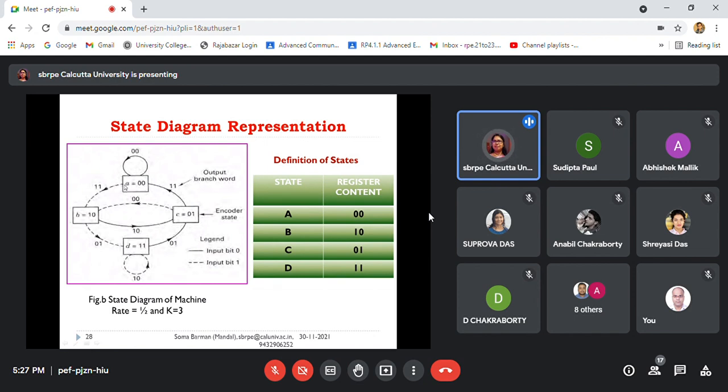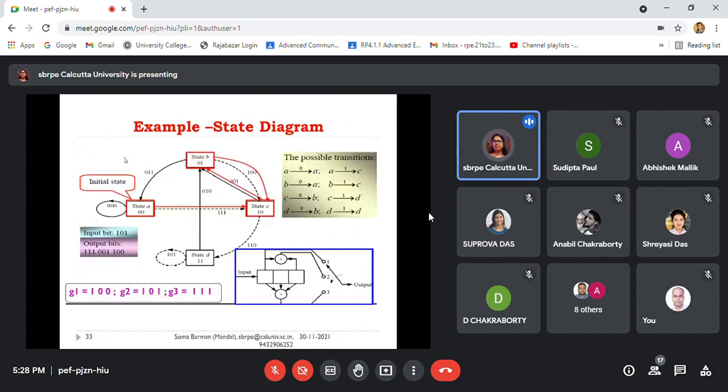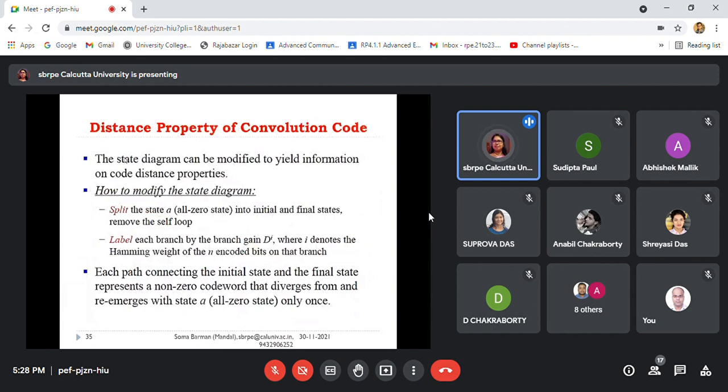Also, there is a possibility of path A to B, B to C, C to D. Clear? So here I am showing two possible paths, and this self loop path we are removing. Out of all the possible paths, we have to calculate the distance. So which one is the minimum distance? So the first task is to split the state A, the all-0 state, into initial and final state, and remove the self loop.